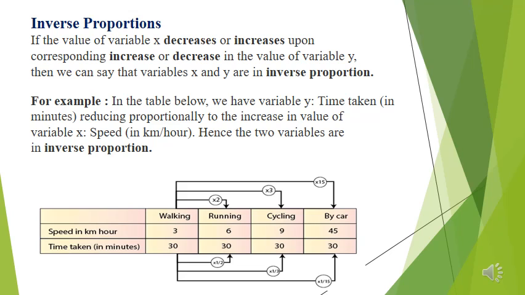When we cover distance by cycling in the same span of time, we cover 9 km, but the time remains constant. So we can say that when we increase our speed we take less time, and when we decrease our speed we take more time to cover a distance. This is an example of inverse variation.